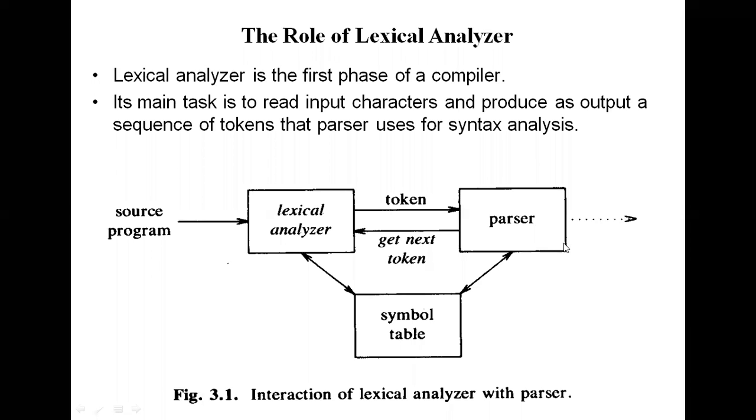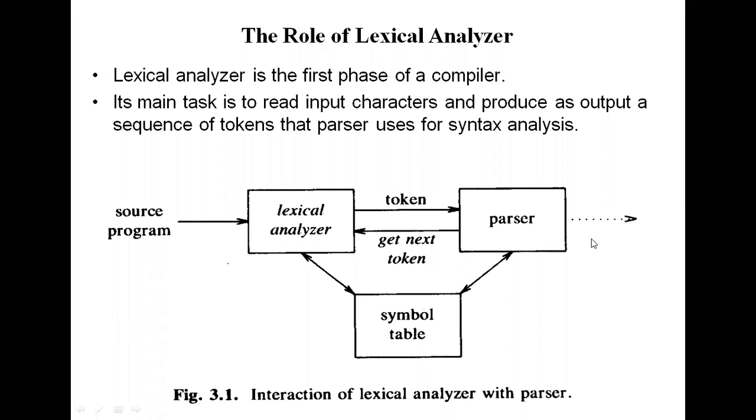The next step of the parser is that, by using these tokens, it determines the syntax tree. It determines the syntax of the source program. By implementing the parser phase, the output of the parser is a syntax tree.